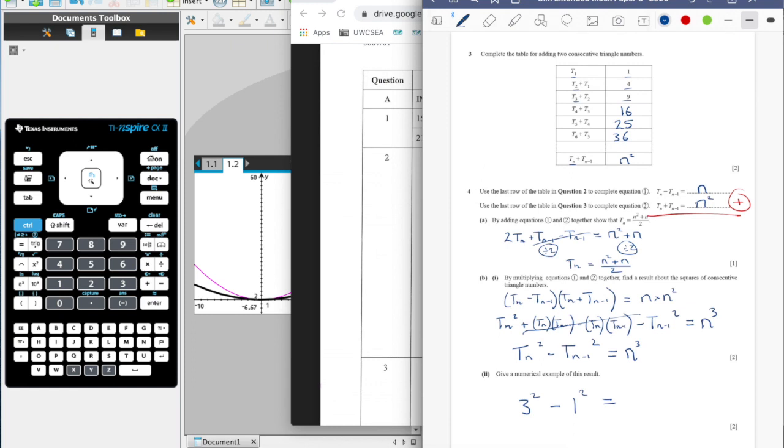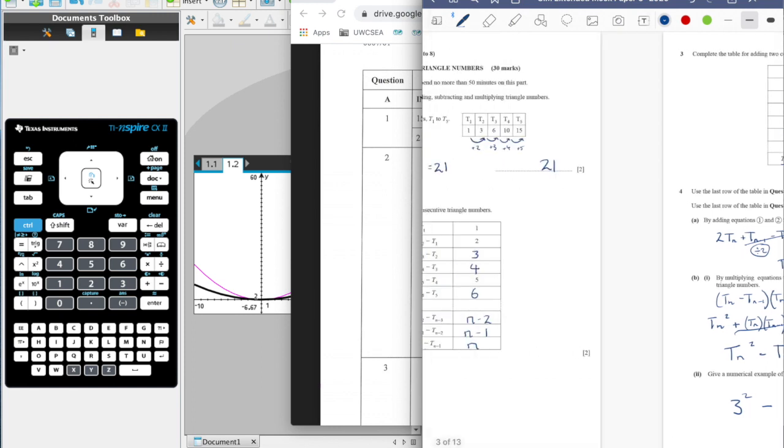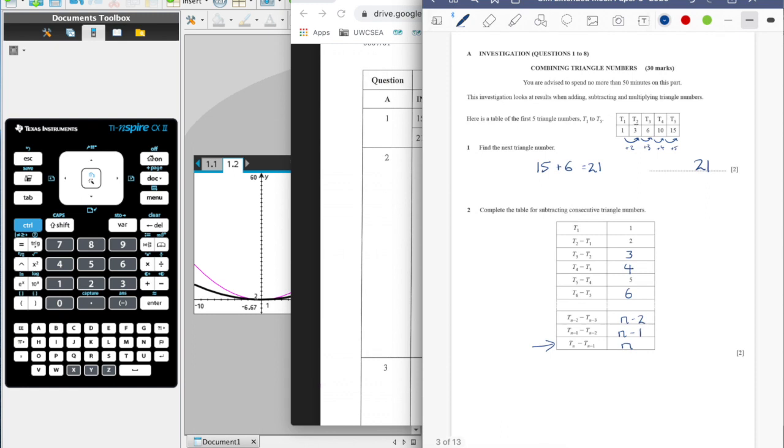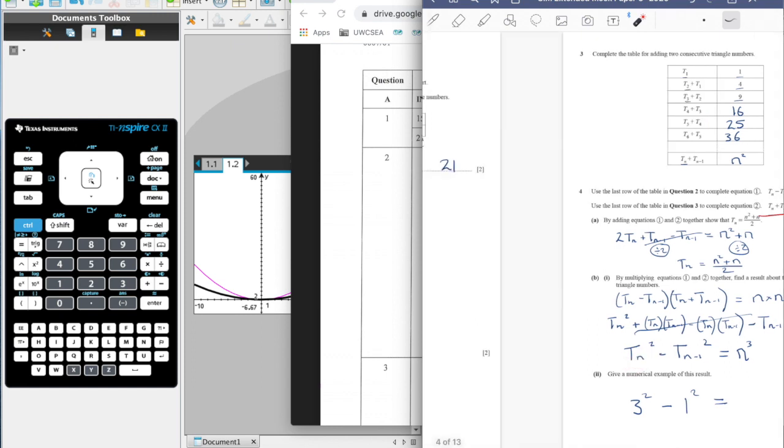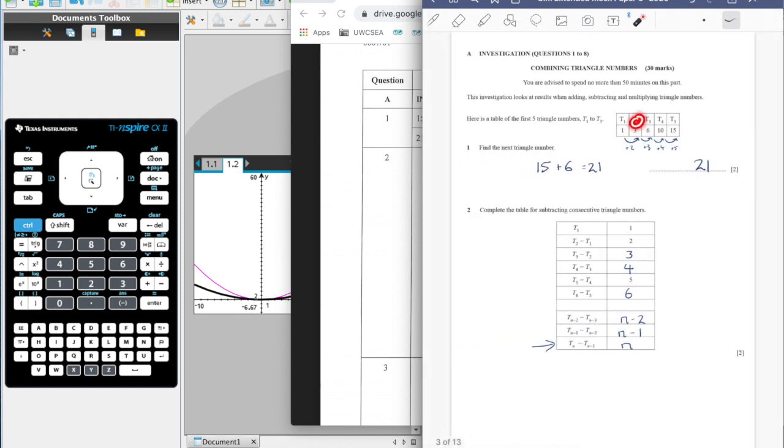And this is what this question is trying to do for you, is to make you link from Tn's to n's. Well, n in this instance was 2. If we look back here, what we're doing is we're taking a T value of n, and so n is this thing here, that 2.